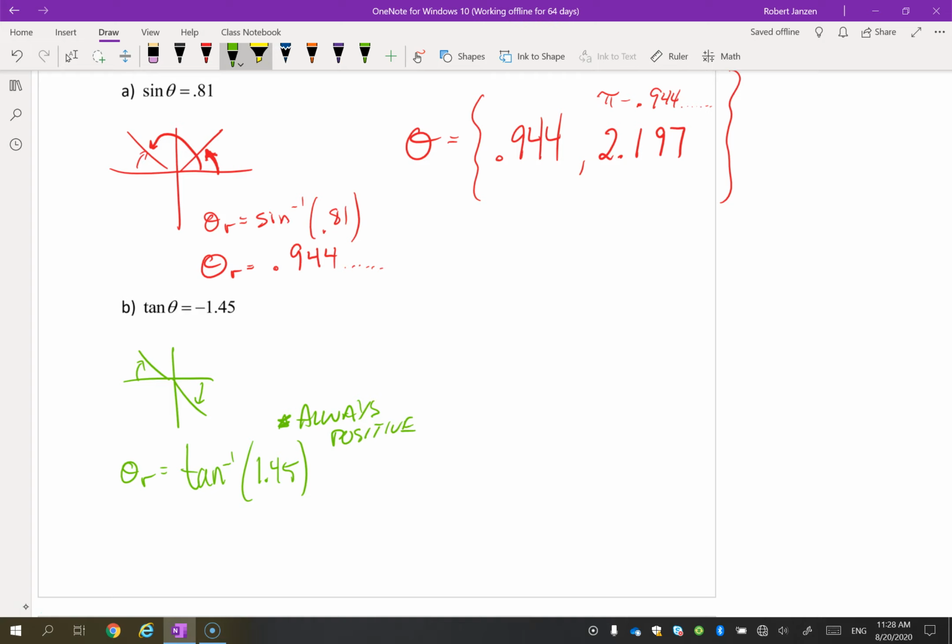So let's try that. Inverse tan of 1.45. Okay. And I have 0.967. So figuring out my angles, all right, the first one's going to be pi take away 0.967.